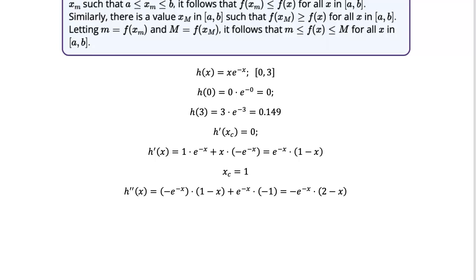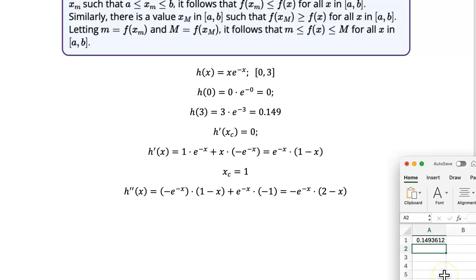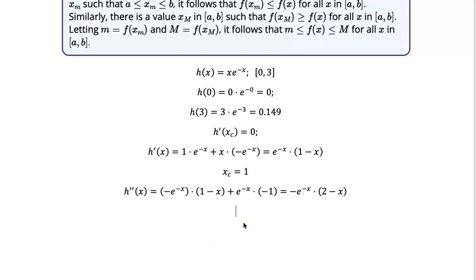What is the value at x equals 1? At 1, it is 1 times e to the minus 1, which is 0.368, right? Which is greater than the endpoint value. That all makes sense.